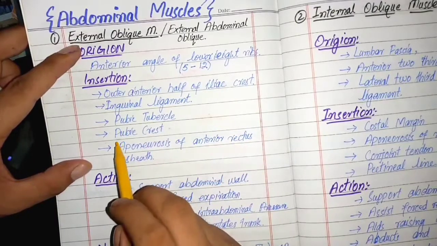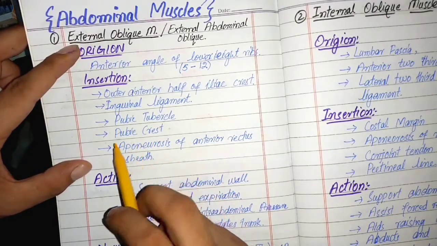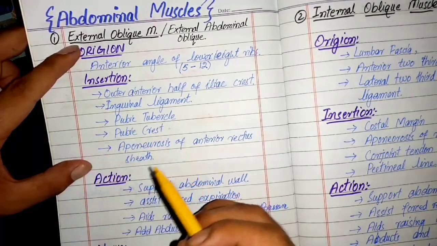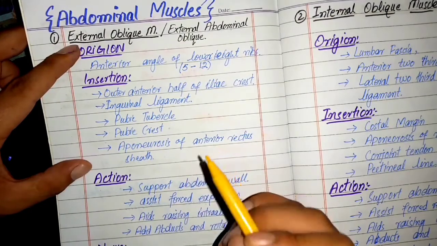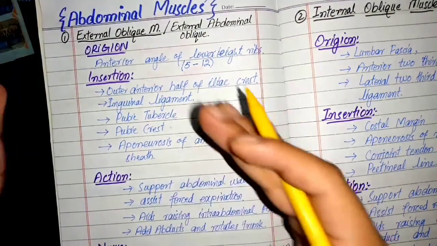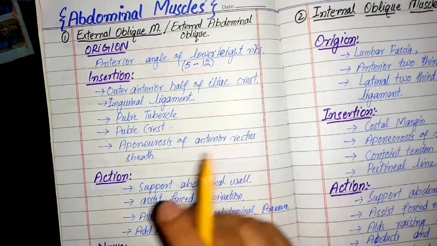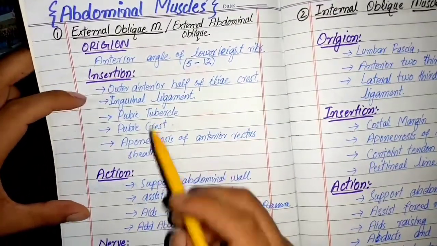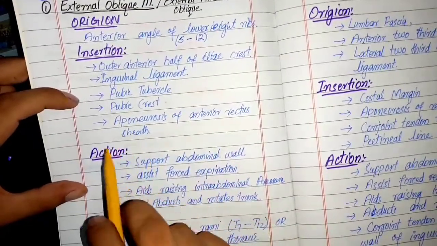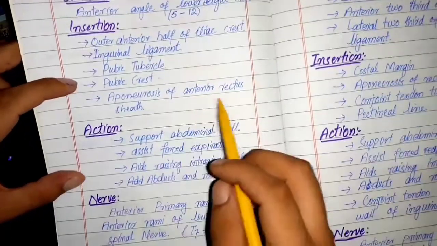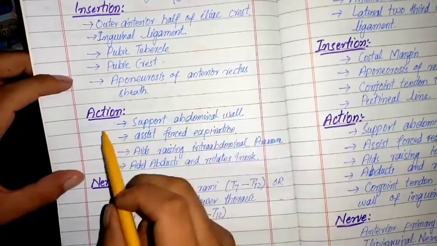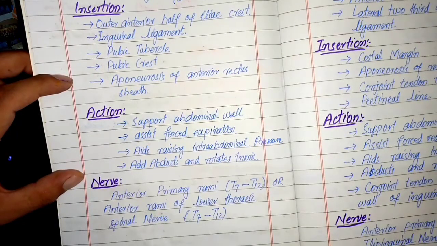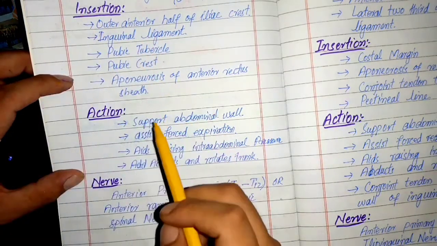The pubic crest is the most prominent part, and it also makes a wing-like structure on the pubic bone. So it is also an insertion point of the external oblique muscle, along with the aponeurosis of the anterior rectus.